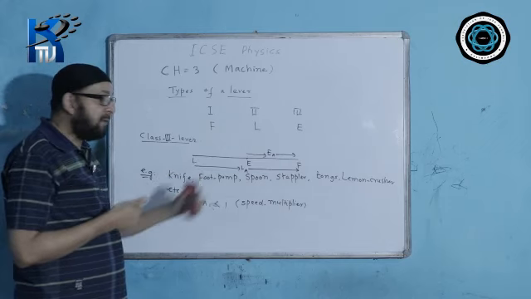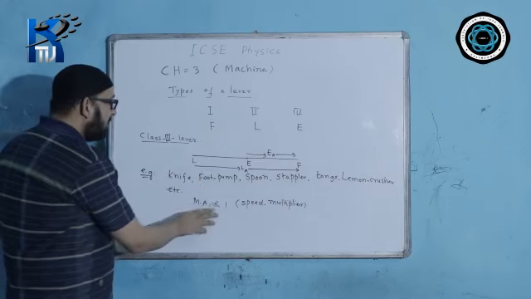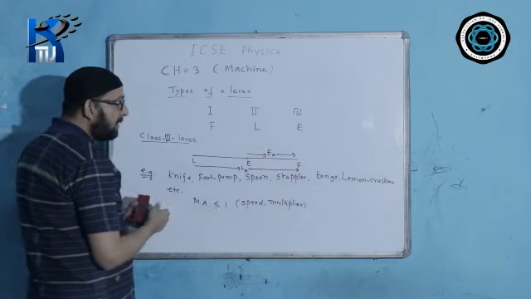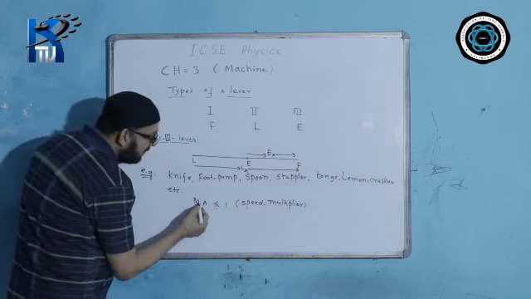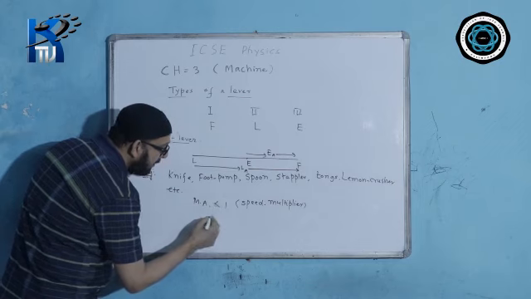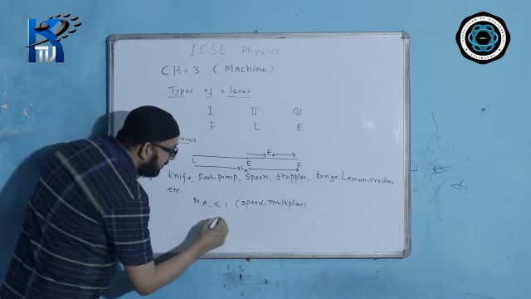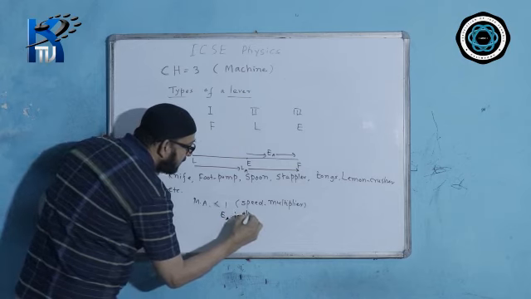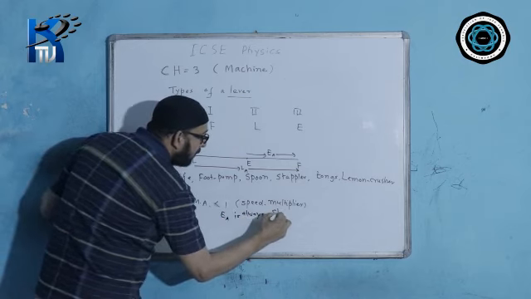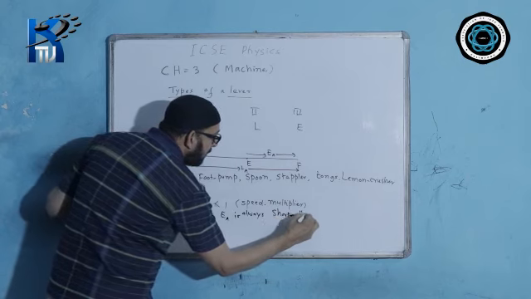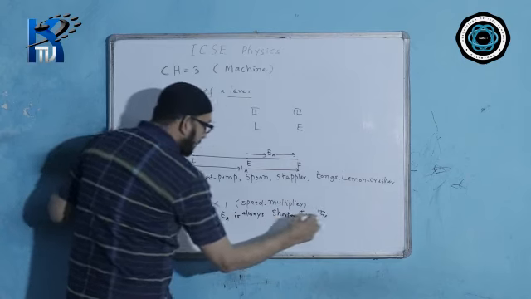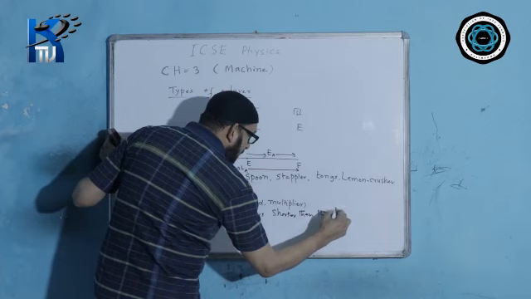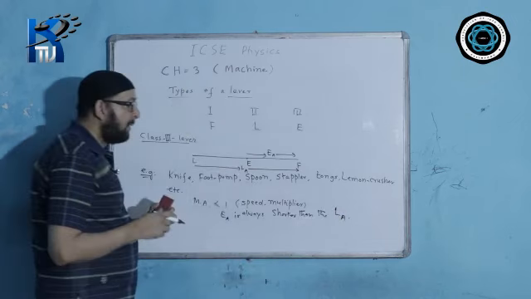We are giving the effort in between. So this class of lever has mechanical advantage always less than 1, and the reason is that the effort arm is always shorter than the load arm.